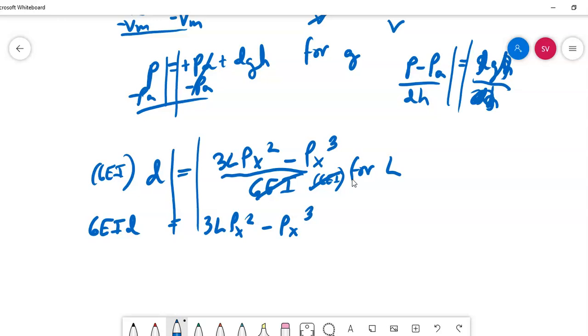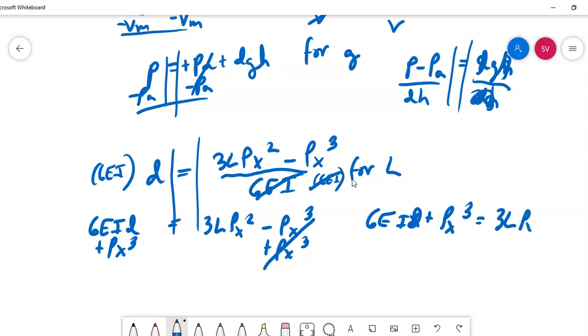Now this PX to the third is attached to the right side by subtraction, so I'm going to add it on the right and add it on the left. So I have 6EID plus PX to the third is equal to 3LPX squared.